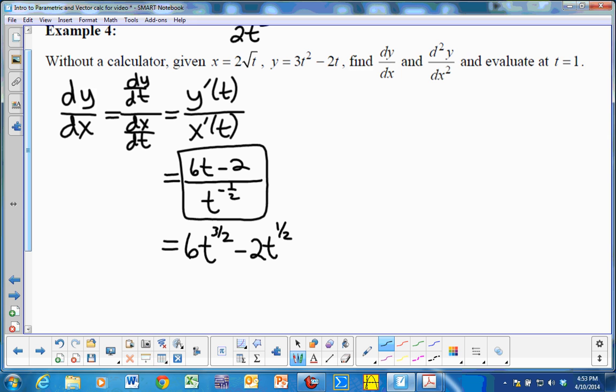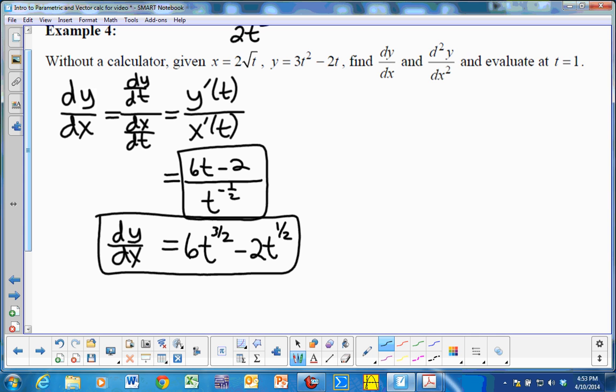That's a little easier to work with for dy dx if I'm going on. Either one that's boxed in is fine, but since I'm going to do the second derivative, I'm going to write it that way. Now to do the second derivative, we're going to take the derivative of dy dx.